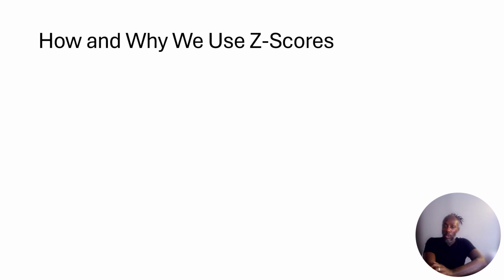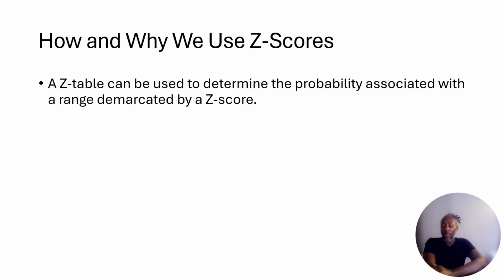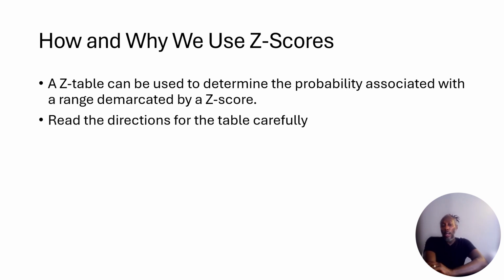One of the easiest ways to go about using z-scores is to use a z-table. These are tables that folks have worked out that tell you the probability of finding some values associated with that particular score. You need to read the directions on that table carefully. And this is why I was hesitating to say something more specific earlier.